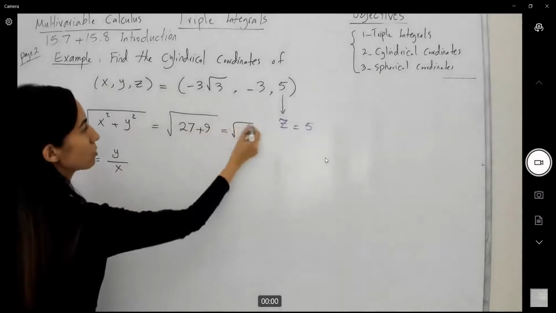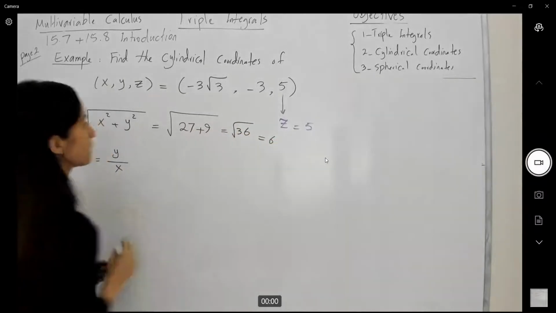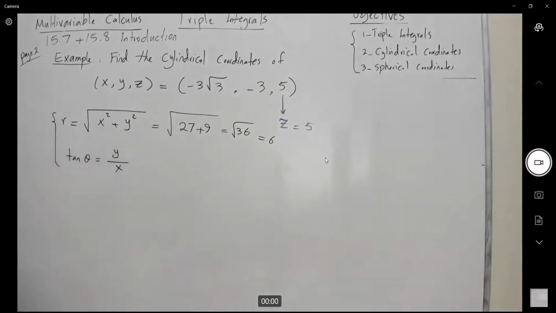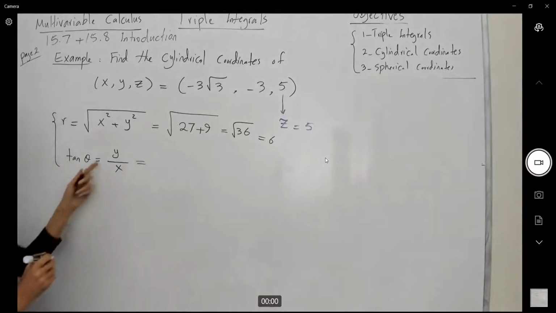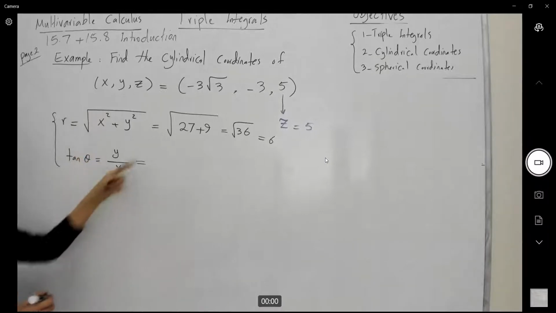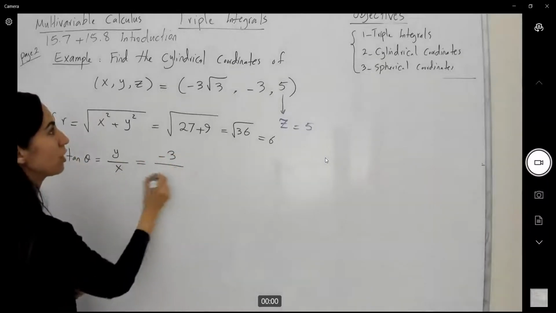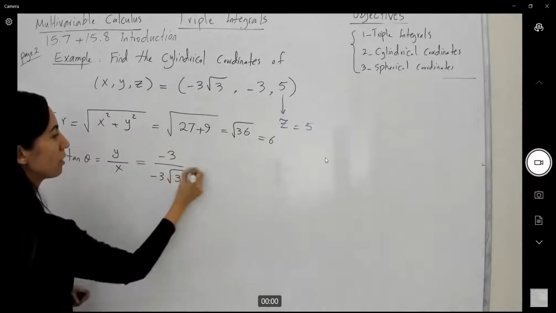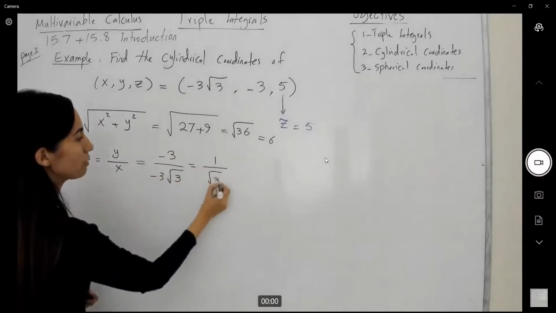So you have square root of 36, which is 6. This is your r. How about your tangent theta? Tangent theta satisfies this relation that tangent of theta is equal to y over x, so you have negative 3 divided by negative 3 square root of 3, which is 1 over square root of 3.